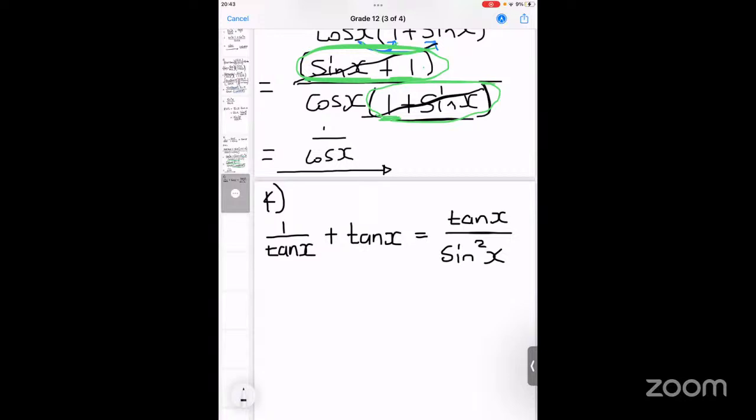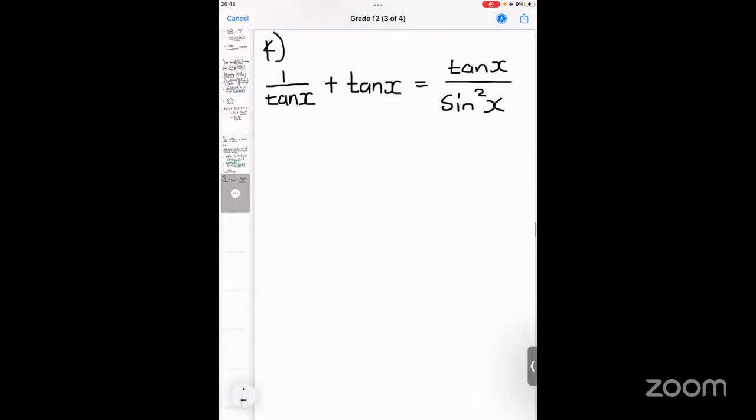Okay, there's another one. Let's see. Okay, it's fine again. This one also, work it out on your side just to check if they balance. Then where you get stuck, we'll do it together. Okay, sir.